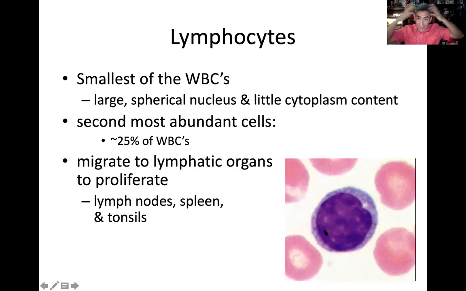It's like its brain is the whole size of its body. So it's got a lot of genetic information, and you can think of these cells as intelligent, right? And they have to be for what they do. So a large nucleus in a little cell is basically these lymphocytes.